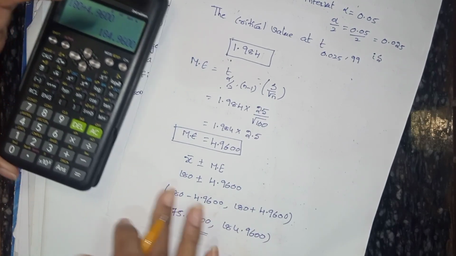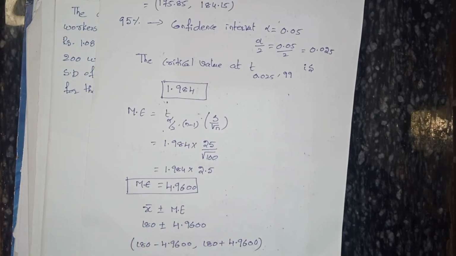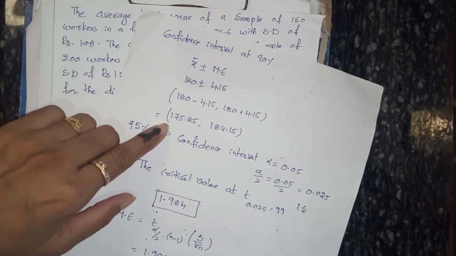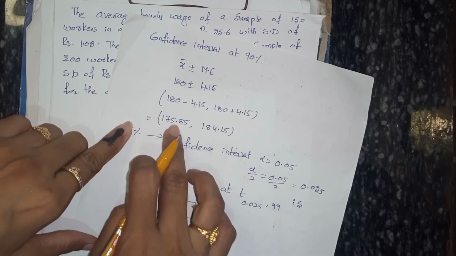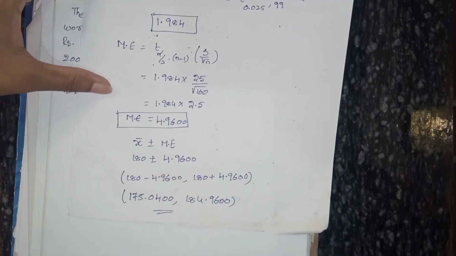So these are the confidence limits at 95%. Okay, hope you all understand.